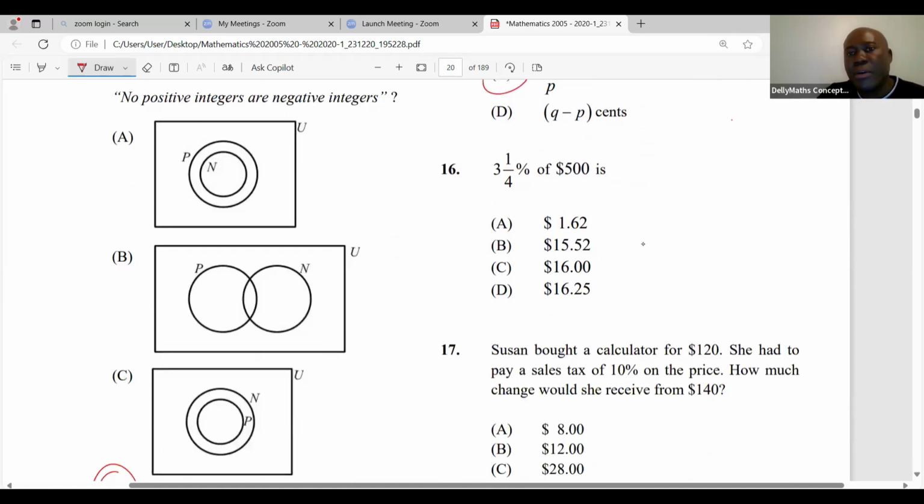3 1/4% of 500 is what? Let us take a look at what this is. There are many ways I could get this. I could break this down into pieces. For example, we kind of know what it can't be. So let us just zoom in. 1% of anything is to divide it by 100.